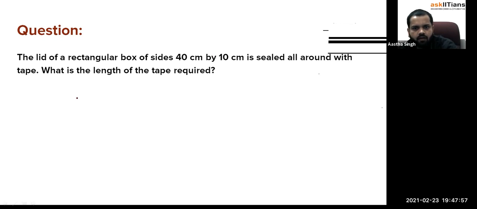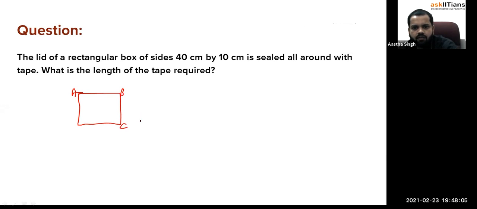Basically, a rectangular box is there, suppose A, B, C, D, with dimensions 40 centimeter and 10 centimeter. In a rectangle, opposite sides are equal. So if AB is 40, then CD will also be 40.